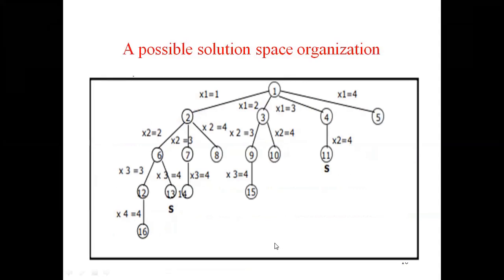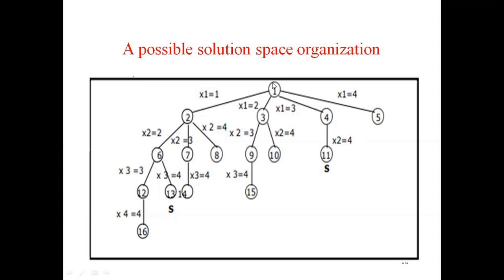A possible solution space organization: we have the first one, a circle representation, at level 1. That first element is the root. At level 2, we have 2, 3, 4, 5, 4 nodes. At the next level, 6, 7, 8, 9, 10, like that.